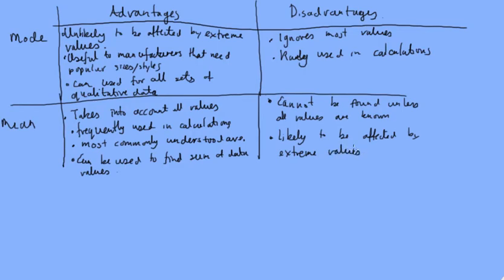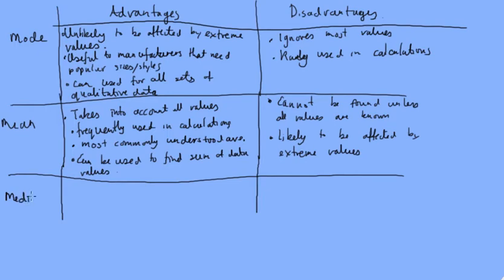For example, if you were to calculate the mean income in your region, and a few millionaires lived in that area while the rest of the people were not wealthy at all, the mean would be affected because you've got these extreme values. It could skew your results to give an inaccurate representation of income in that area.